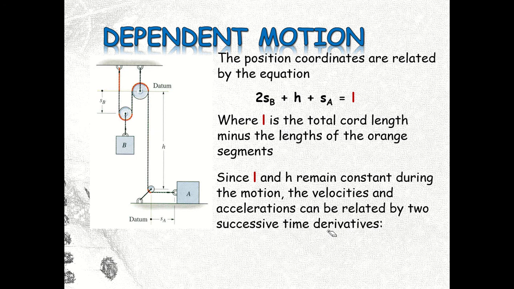You take the derivative of this position coordinate equation and you get the velocity, and when you take the derivative of that result, meaning the velocity, you get the accelerations.